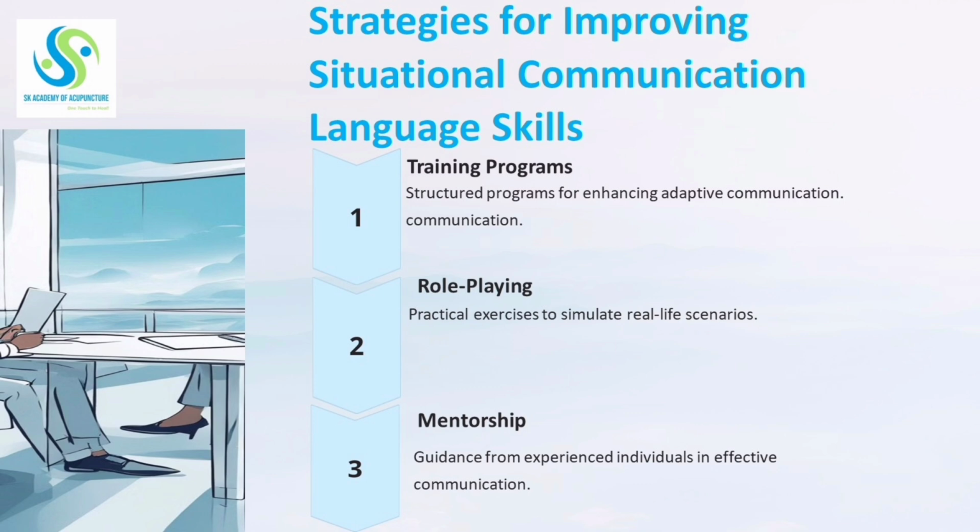So how could we use this in the workplace? Again, we have to encourage open communication so that everyone feels comfortable sharing ideas. We can use tools like email for formal communication and face to face meetings where needed for complex discussions. And we have to set a culture where feedback is constructive and valued.